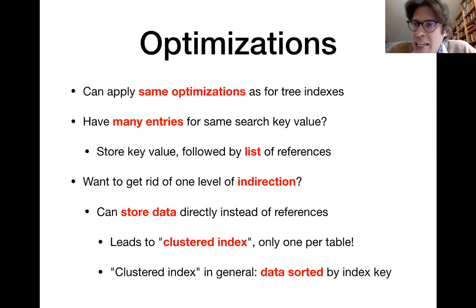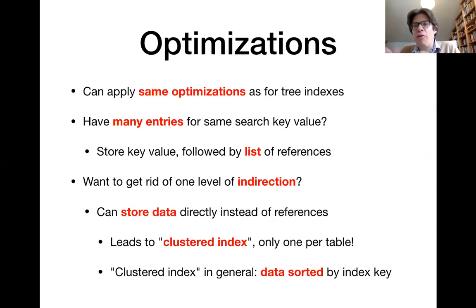In general, even if you don't store the data directly in the index, it will help you if your data is sorted according to the index search key, because that means things that are stored close together in the index will also be stored together in the original data set. And that makes it quite efficient to retrieve the associated data with a few page accesses.